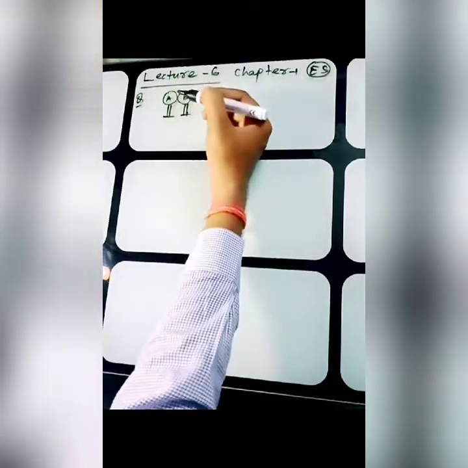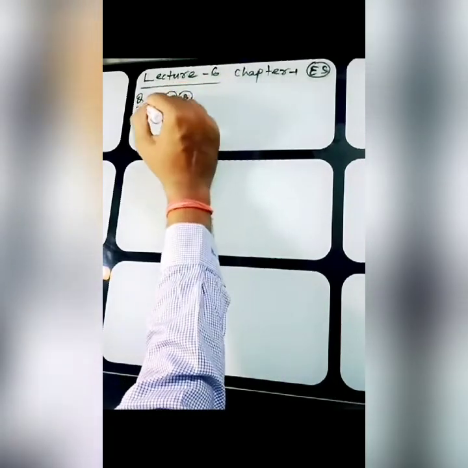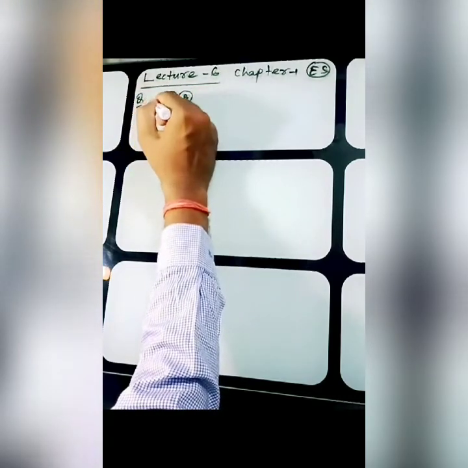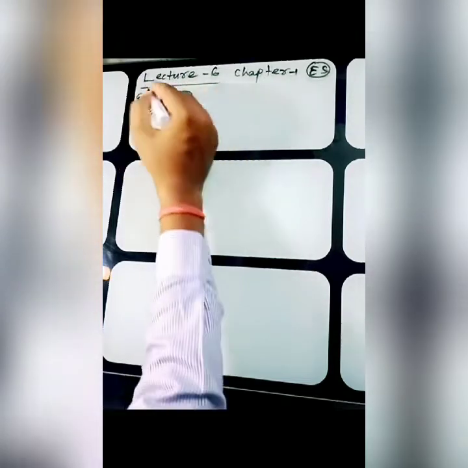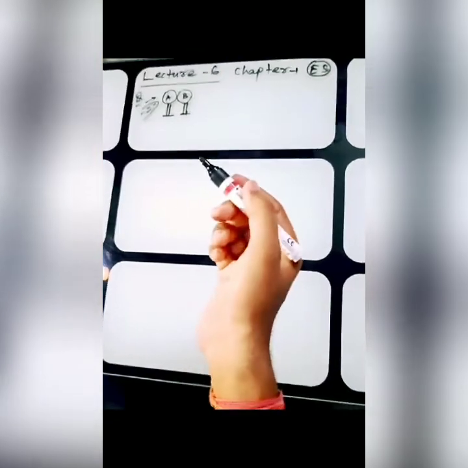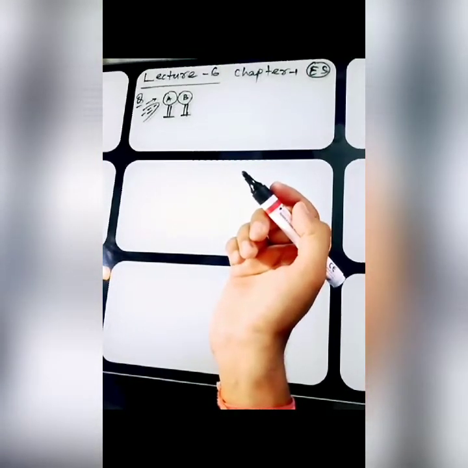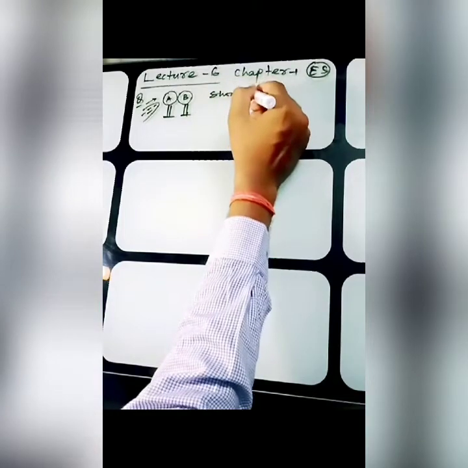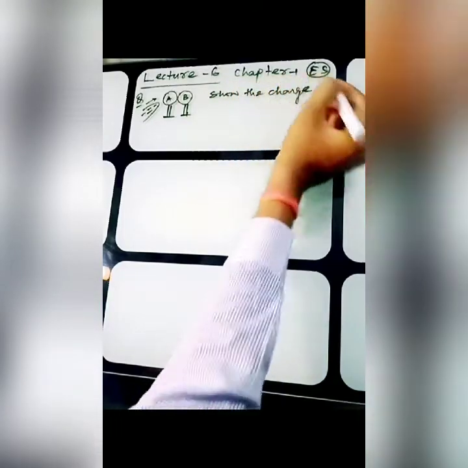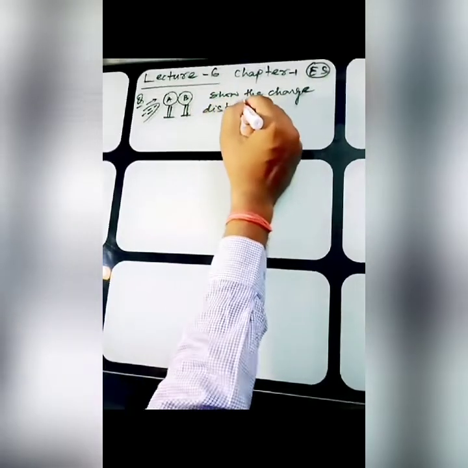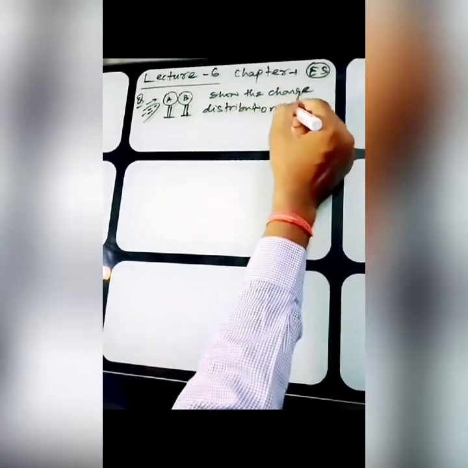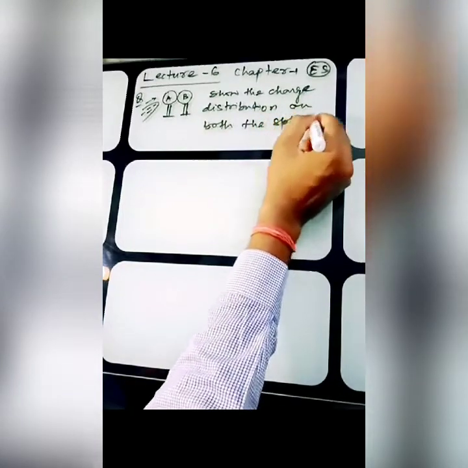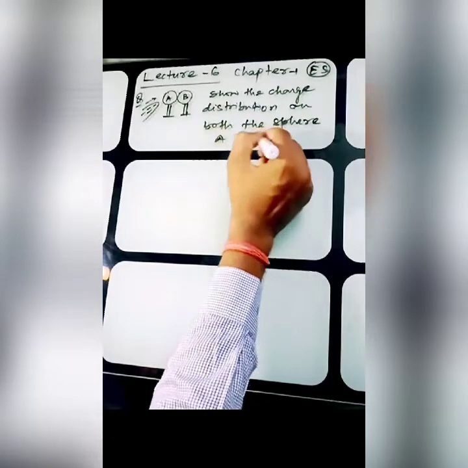If a negatively charged rod comes near the first sphere A, you have to show the charge distribution on both the spheres A and B.